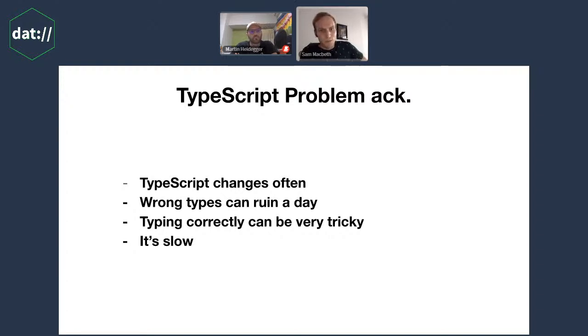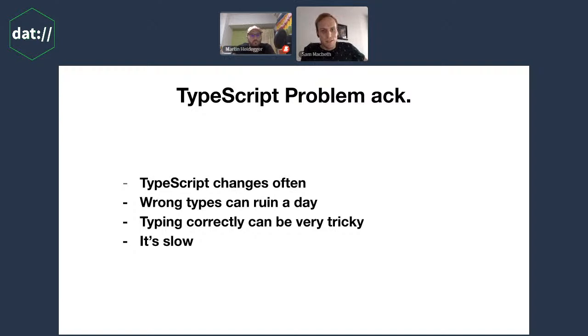Also, if we get the types wrong, then this is a big blocker for your productivity and can cause a lot of issues. Also, while the type engine is very powerful, if you use it wrongly or enter some weird edge case, then it can be very tricky to work with.